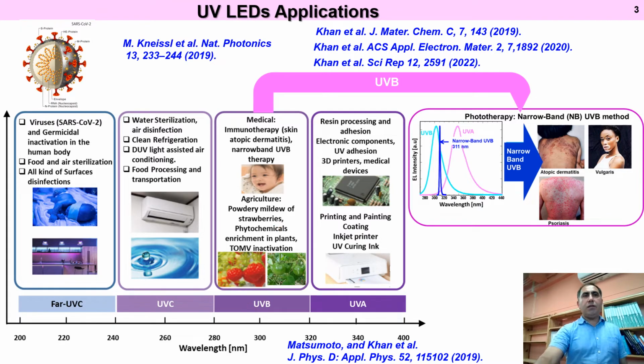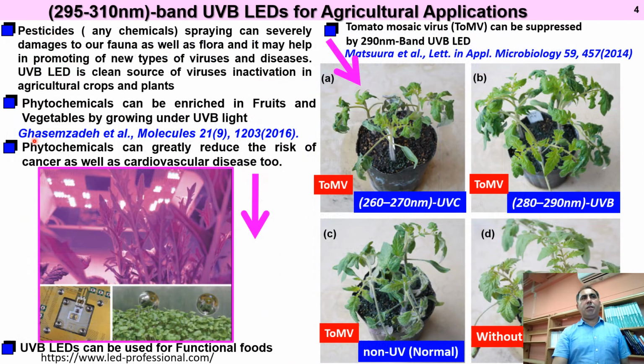And for agriculture applications, I would say that pesticide or any chemical spraying can severely damage the fauna and flora, and it may help promote new types of viruses and disease.